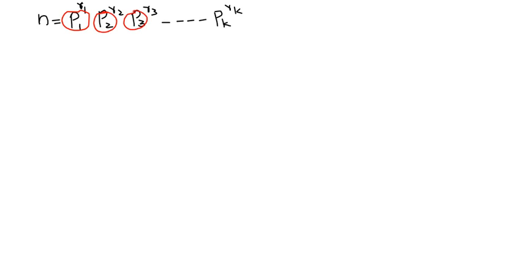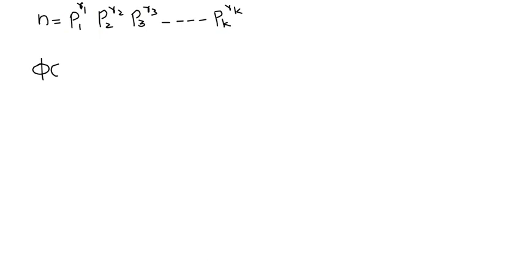If n is not prime, then by the fundamental theorem of arithmetic, we can write n equal to p1 raised to r1 into p2 raised to r2 into p3 raised to r3, and so on up to pk raised to rk, where p1, p2, p3, up to pk are distinct primes, and r1, r2, r3, up to rk are non-negative integers.